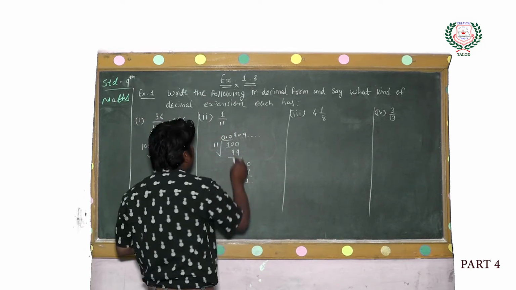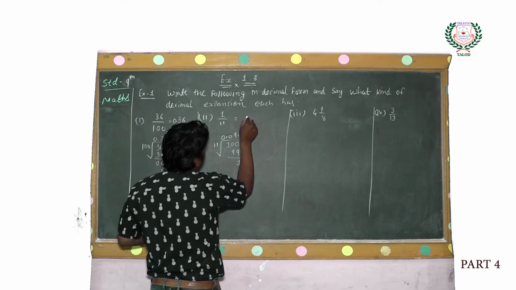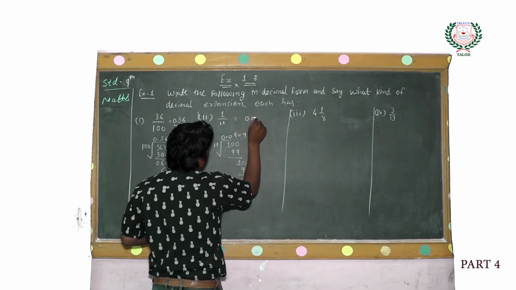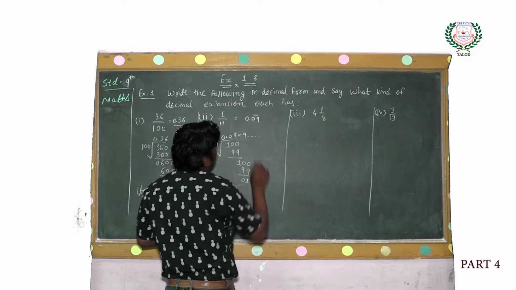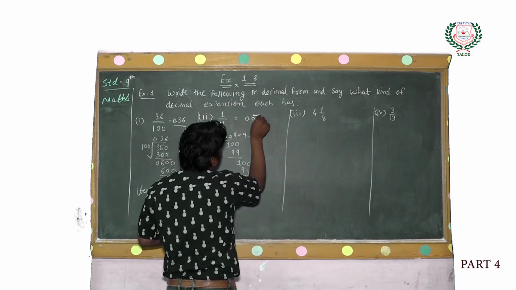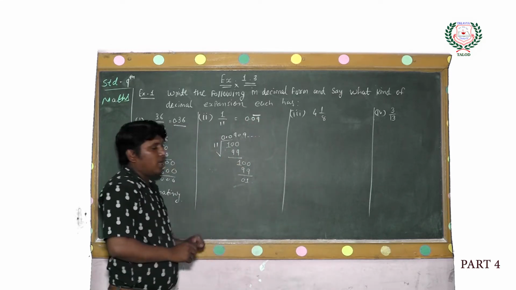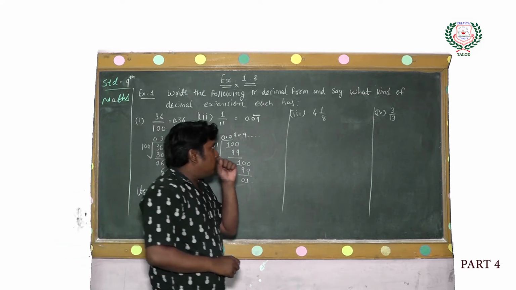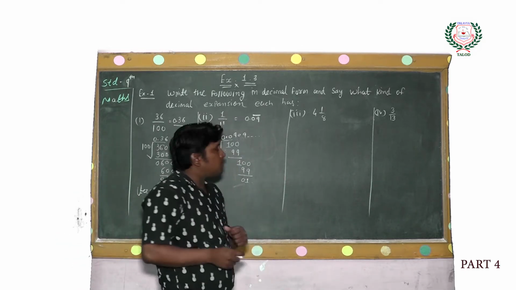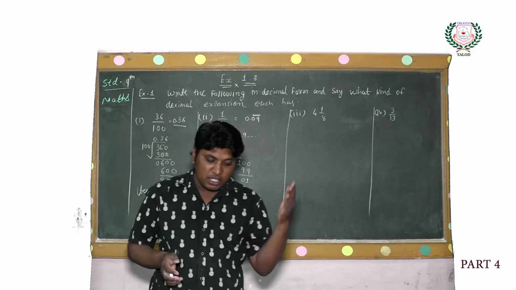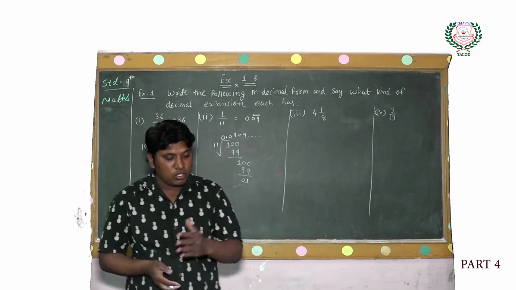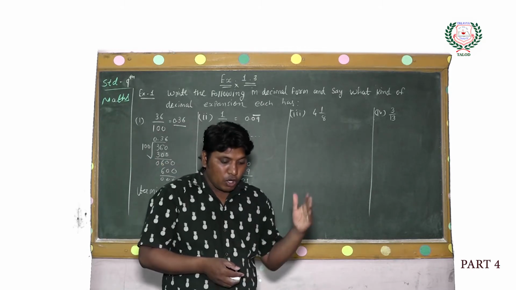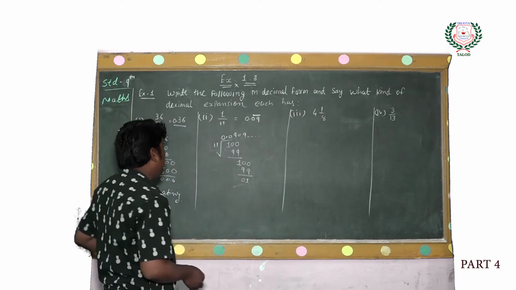So our answer in decimal form is 0.09 and it will be repeated. So we can put a bar on both digits 0 and 9. What kind of decimal expression? Yes, the digits are repeating, the remainder also repeating. So we can say here non-terminating repeating or recurring.